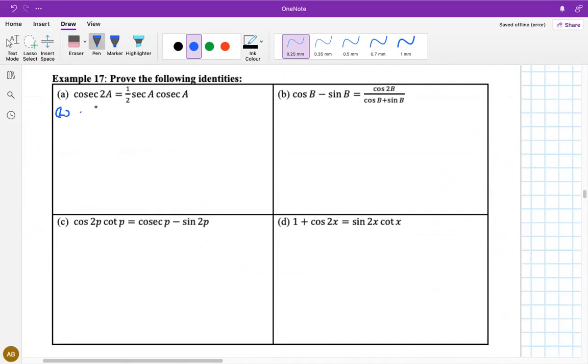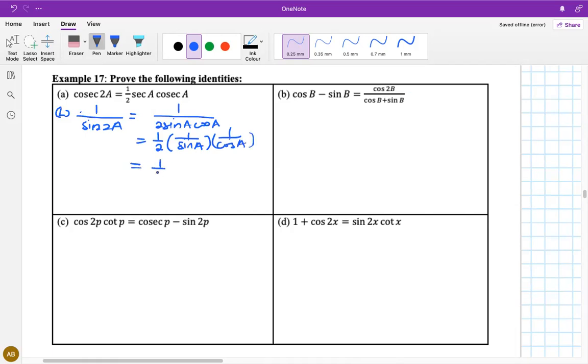Cosecant 2a is actually 1 over sine 2a. So 1 over sine 2a is 1 over 2 sine a cos a. So we take this, separate into 3: 1 over 2 times 1 over sine a times 1 over cos a.